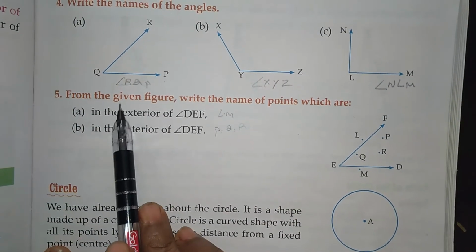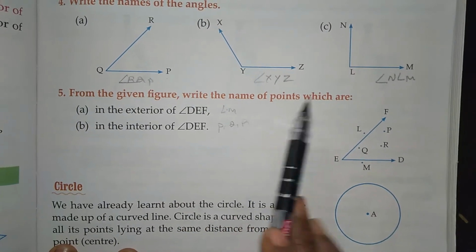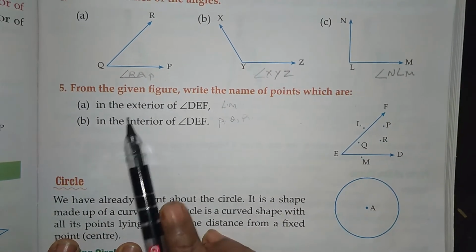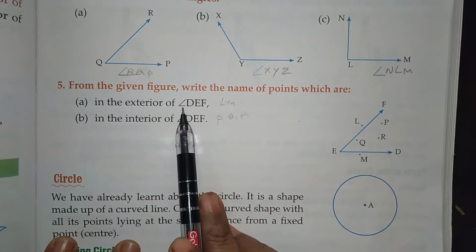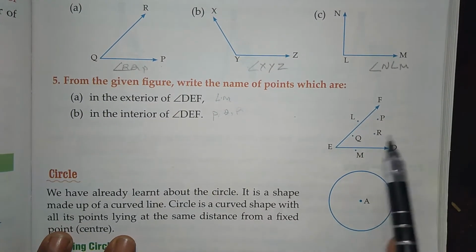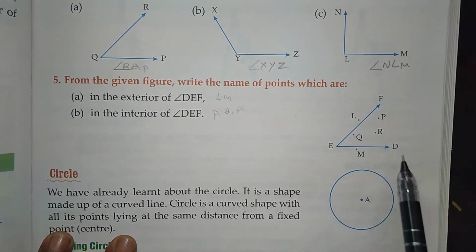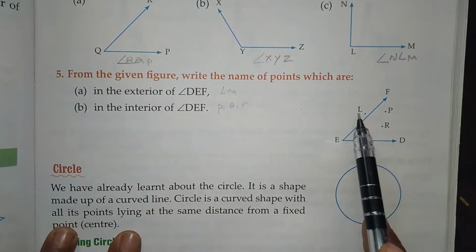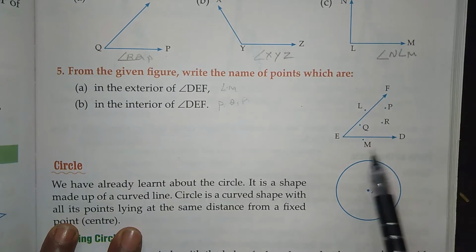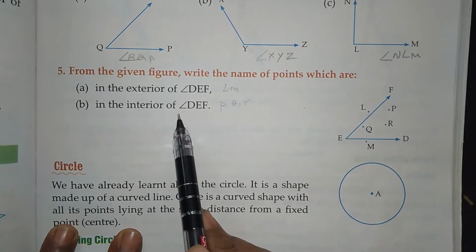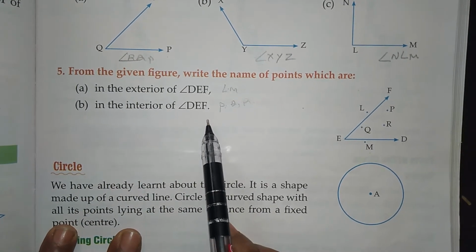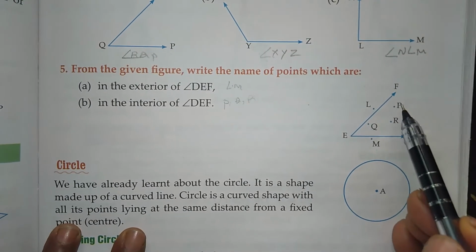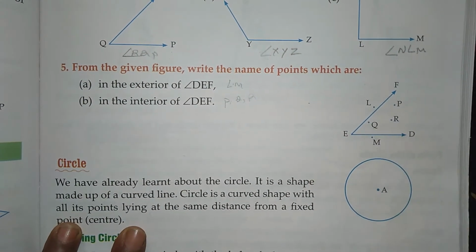Then fifth question, from the given figure write the names of the points which are, first one, in the exterior of angle DEF. Exterior means outside, that is L and M. In the interior of angle DEF. Interior means inside, that is P, R, Q.